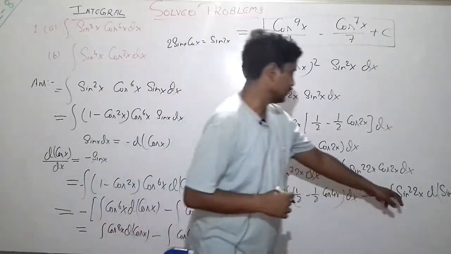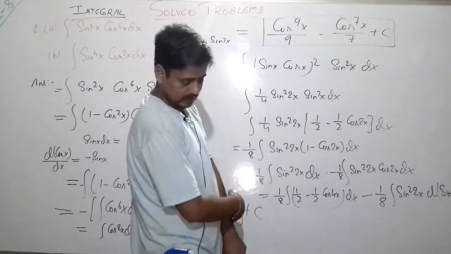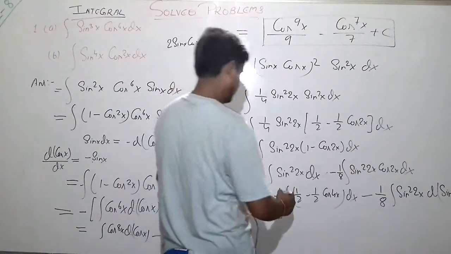We can write this one as sin square 2x d sin 2x.